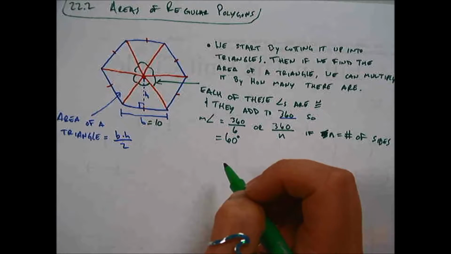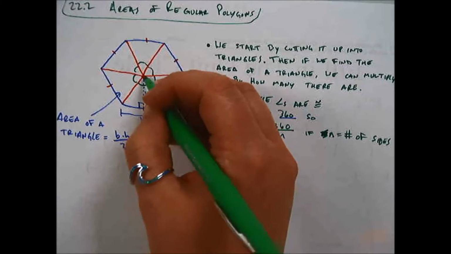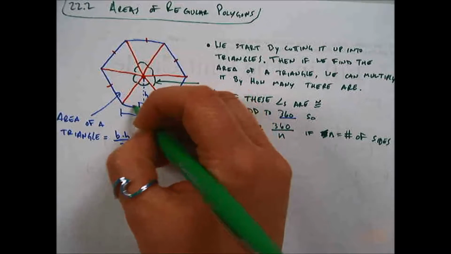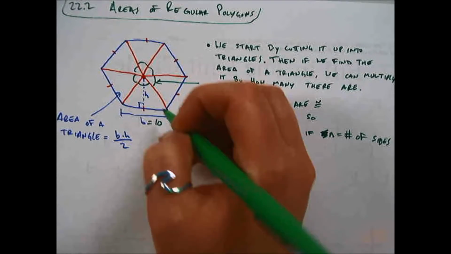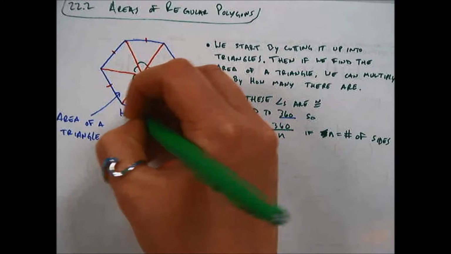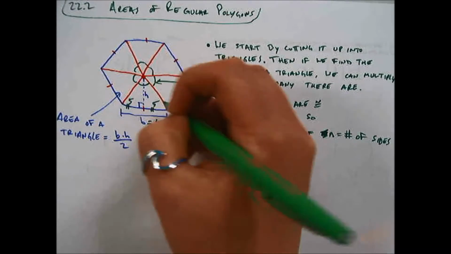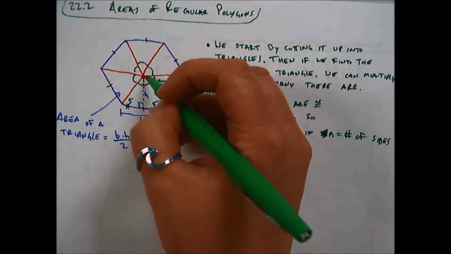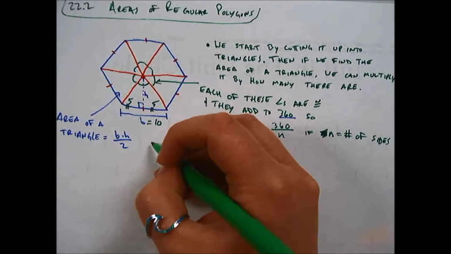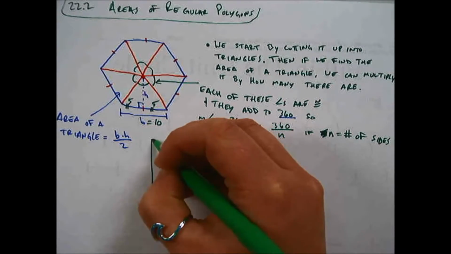Alright, so in this case, dropping down the height cuts this into 2 equal pieces. So if the whole thing is 10, then each of these equal pieces are 5. Okay, so to get a little bit of a better look at this, let's take this triangle right here and make it a little bit bigger.